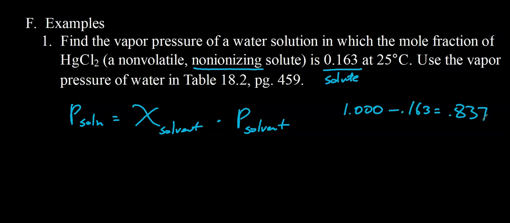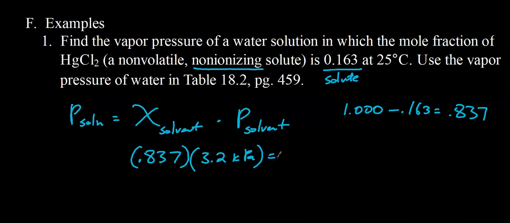So 83.7% of all the particles in that liquid are solvent particles, 16.3% are solute particles. So again, just leave that as a decimal. If we go to page 459, we'll get the vapor pressure of water. At 25 degrees Celsius, the vapor pressure of water is 3.2 kilopascals. Go ahead and pause the video, punch it up, and see what you get.